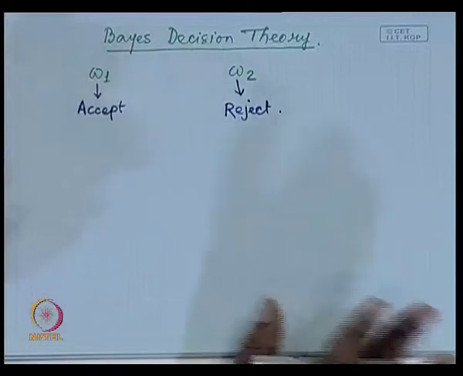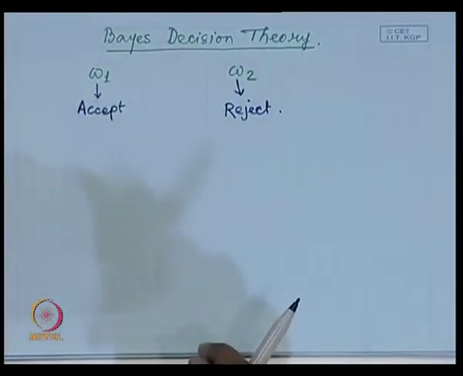So, when this quality control department puts an object under the accept category or under the reject category, they look at some of the features of that particular object to decide about this.